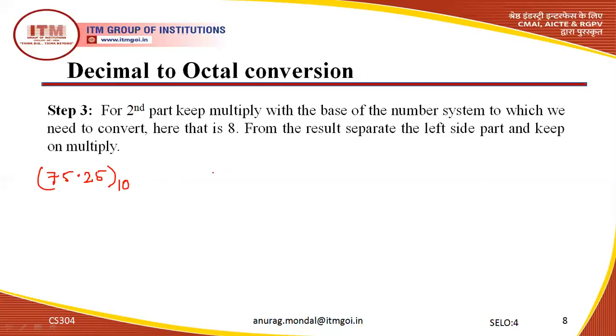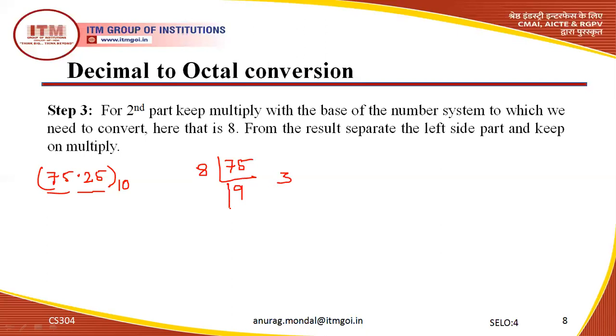So what we suggest is that we first divide, the first part is 75, second part is 0.25. Now as step 2 suggests, we need to divide 75 by 8. So what we have? 9, 72, 75 minus 72, we have 3 over here.